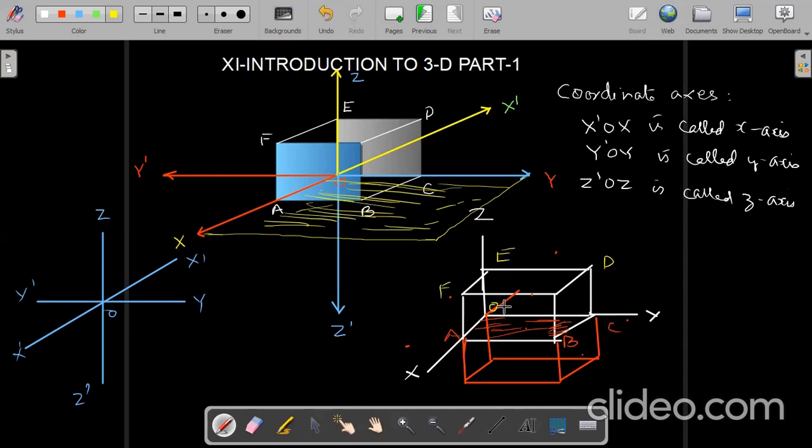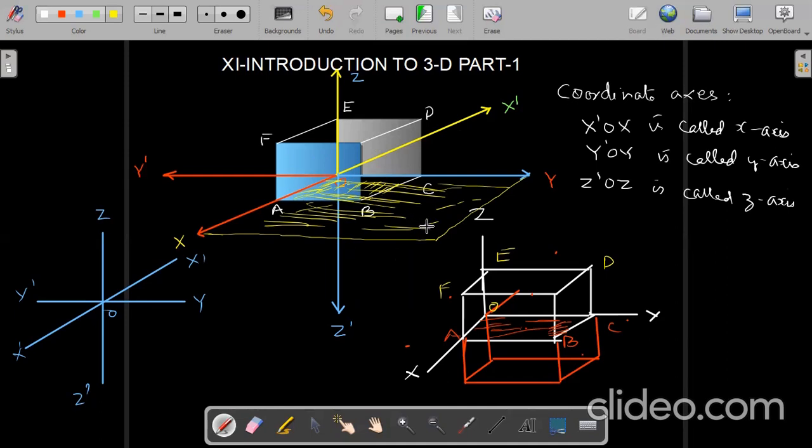Similarly, suppose we take this part, ABCO, it is lying on the XY plane. So how many planes will there be? A cuboid has 6 sides, so there will be 6 planes.